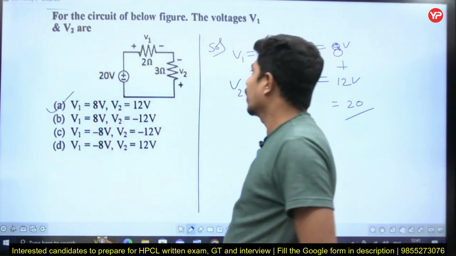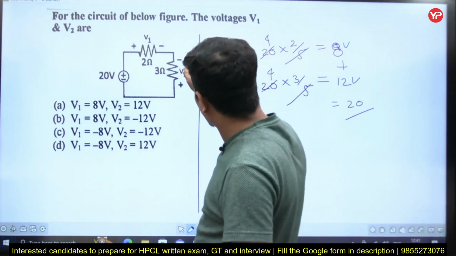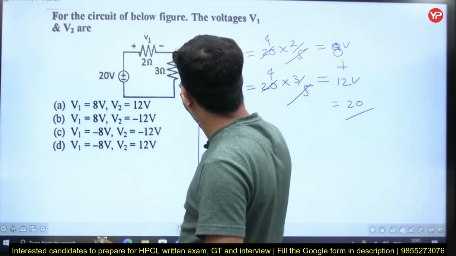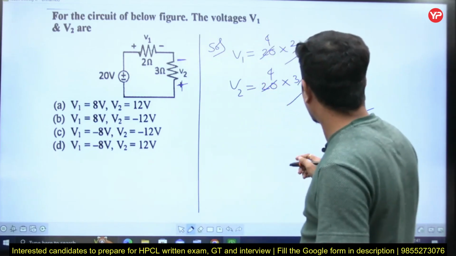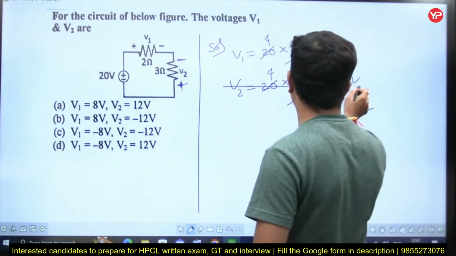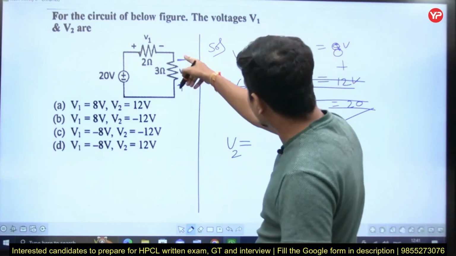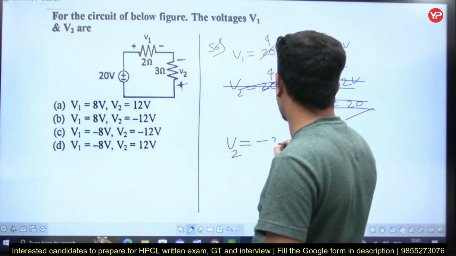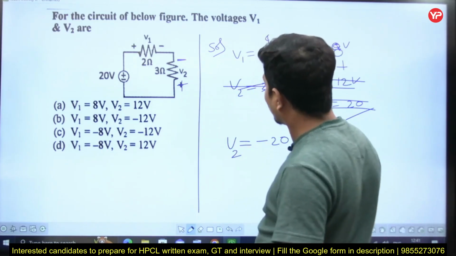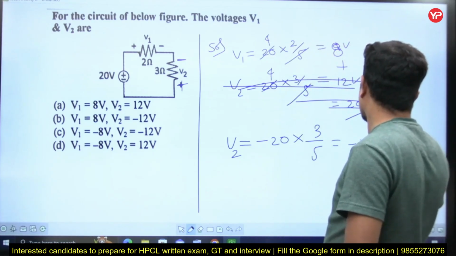The option is A. But here I didn't observe carefully. He has taken the polarity as minus and plus for V2, so this is not correct. V2 is minus of 20 into 3 by 5, which will be minus 12 volts.